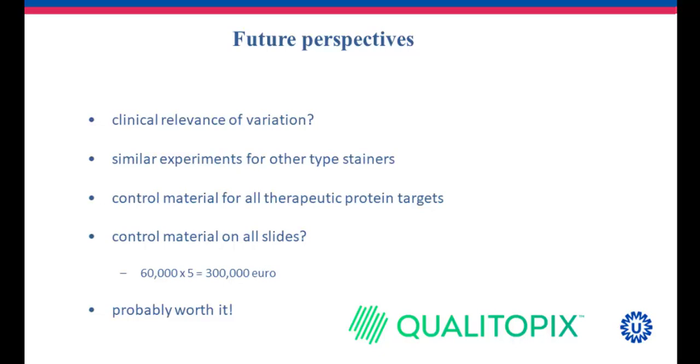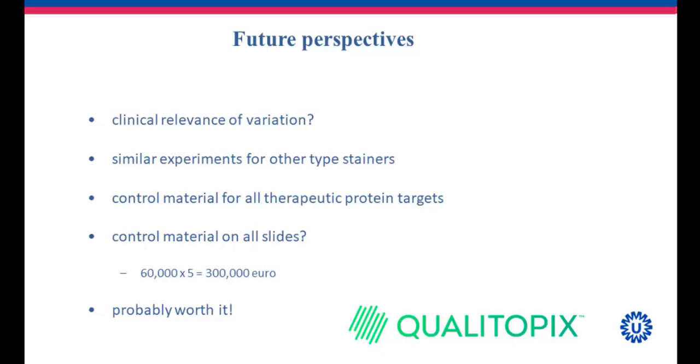So I think it's going to be, in a while, quite clear that this doesn't hold only for the Ventana stainers, but probably for all the different other stainers on the market. I think we're going to need engineered control cells for all the therapeutic protein targets that we have. There are different ones around now, but not for the full arsenal that I showed you in the beginning. So I hope that the companies will work on that to provide these types of engineered cells for the other therapeutic targets.